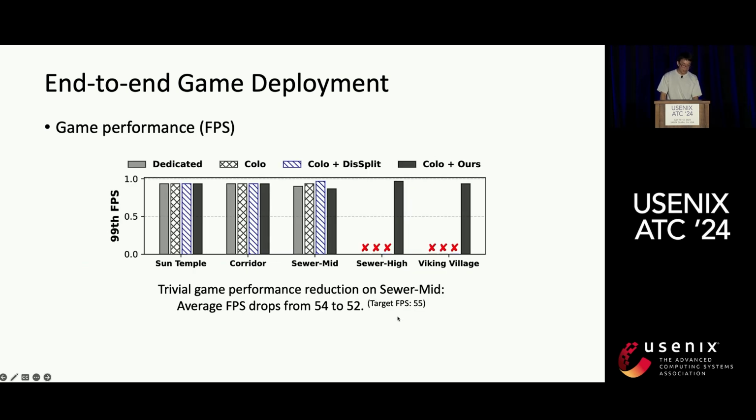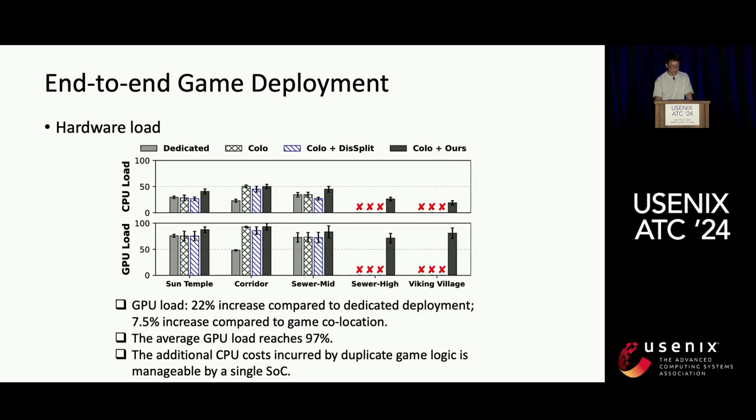And the next is whether our system will affect the FPS of these games. The figure shows that it only involves a trivial game performance reduction on one of the games, Silver Mid, and its average FPS drops from 54 to 52. Next is the hardware load.